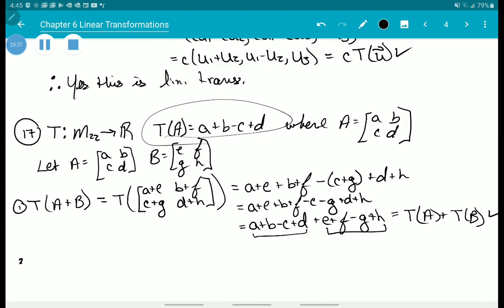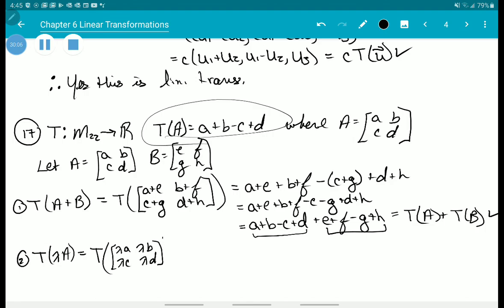Now let's look at the second axiom, which says T of cA has to be equal to c times T of A. Instead of c, since we've already used c, I'm going to use lambda. So we need the transformation of lambda a, lambda b, lambda c, lambda d.